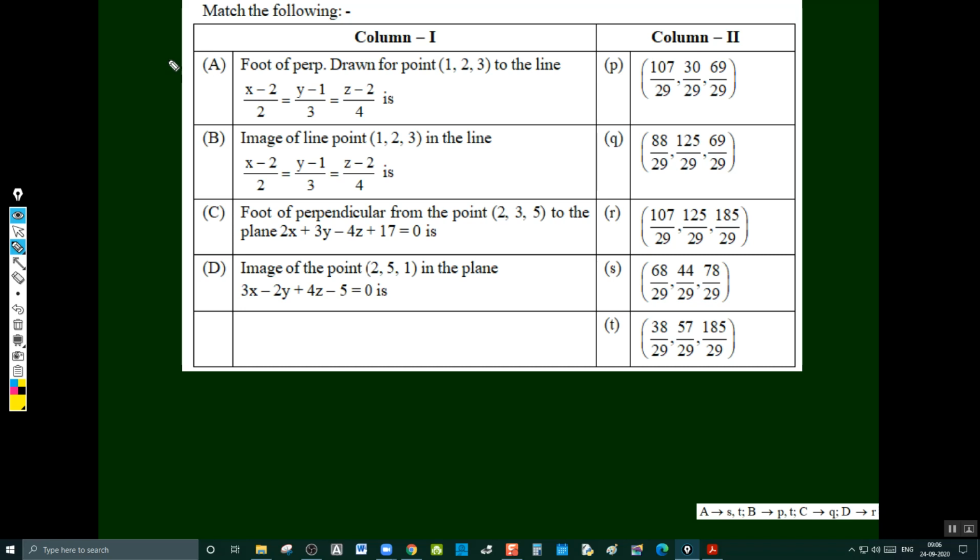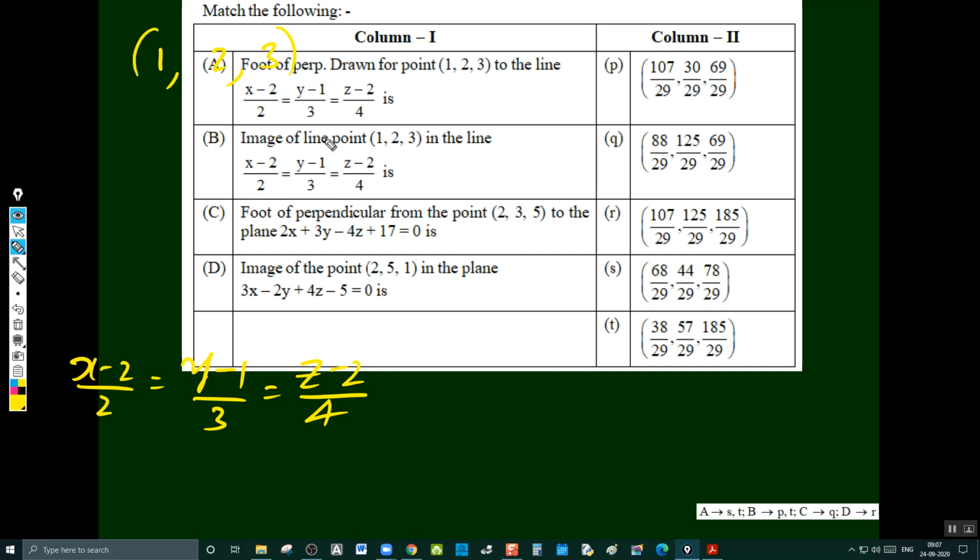What is the point given? 1, 2, 3. And what is the line given? x minus 2 by 2, y minus 1 by 3, and z minus 2 by 4. Both lines are the same, no?